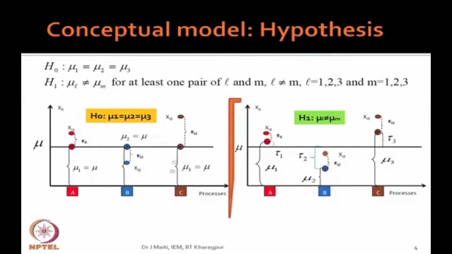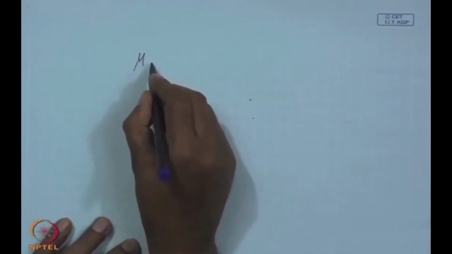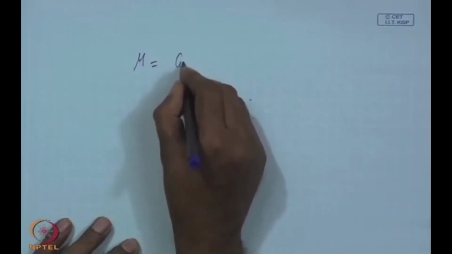Pictorially, the left hand side figure is your null hypothesis and the right hand side is your alternative hypothesis. If your situation is as in the left hand side figure, there is one parameter mu, please see the left hand side, this mu is the grand mean.